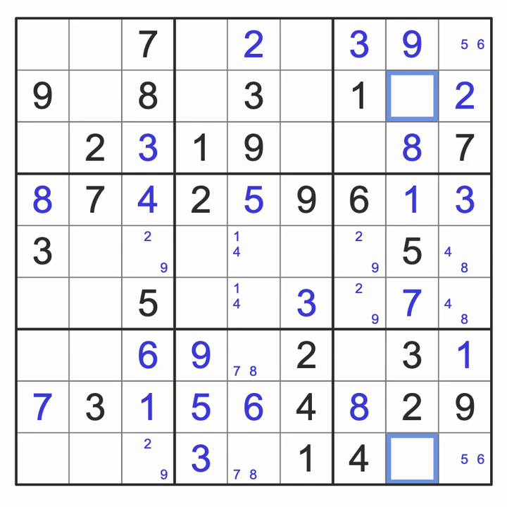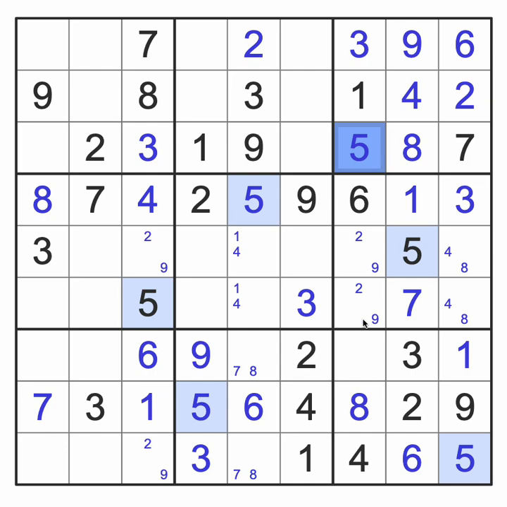And these two cells are left with 4 and 6. 4 in box 9 blocks this cell, gives me 6 and 4. And this 6 has given me 5 and 6, which leaves only 5 for this cell. The last number of this box is 7, which gives me 8 and 7.